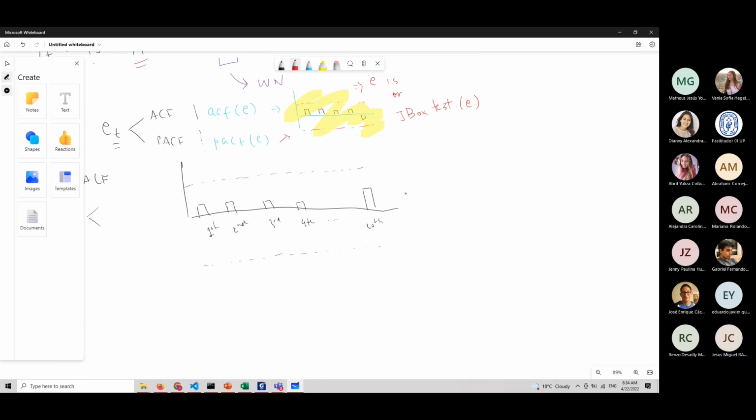Okay, that doesn't mean those are zero, because you can make a mistake in one of them, according to this alpha 5% significance level.